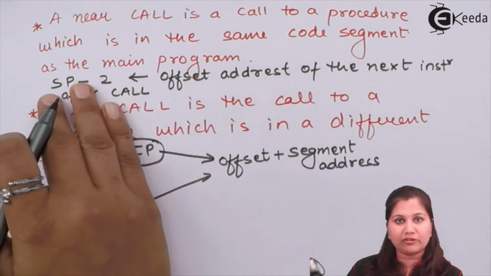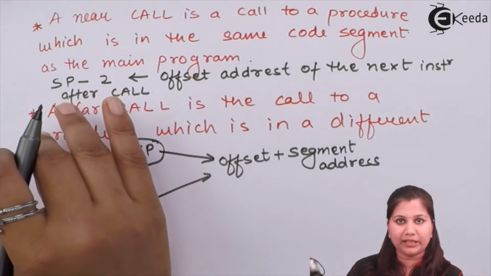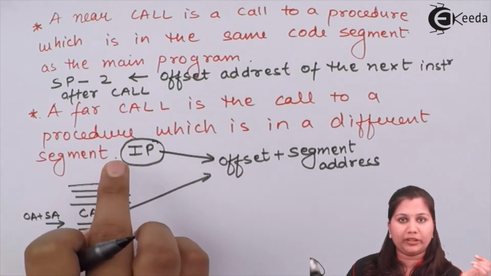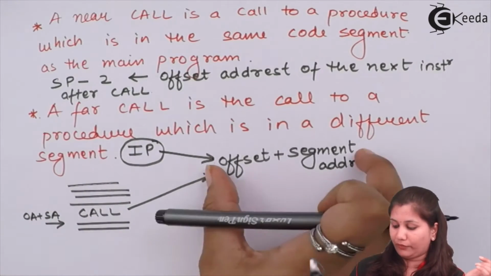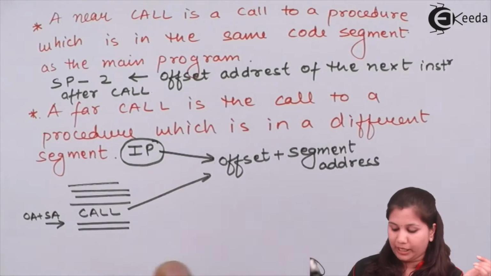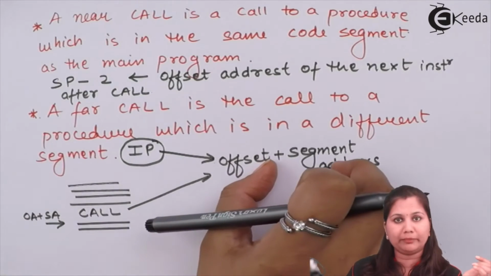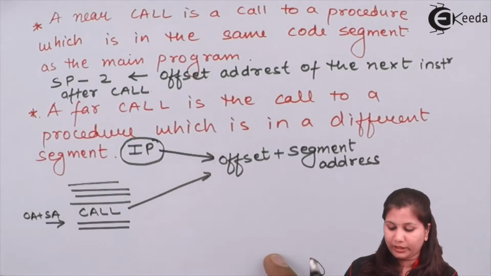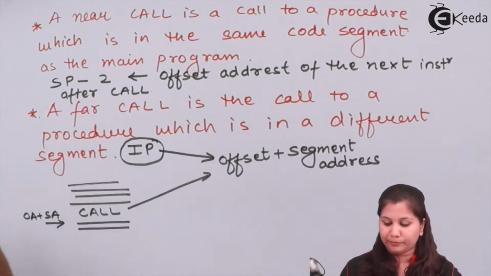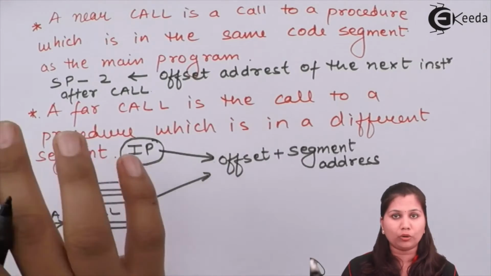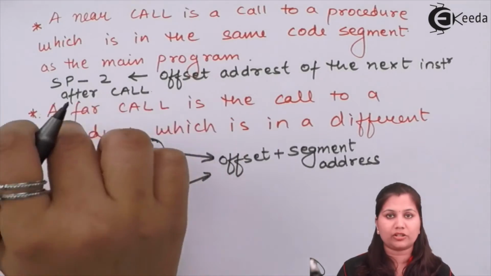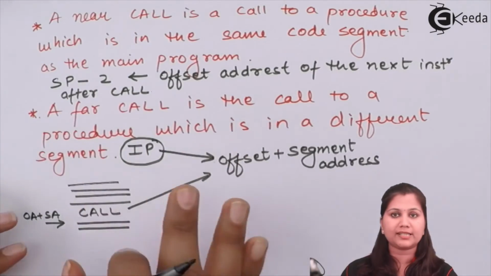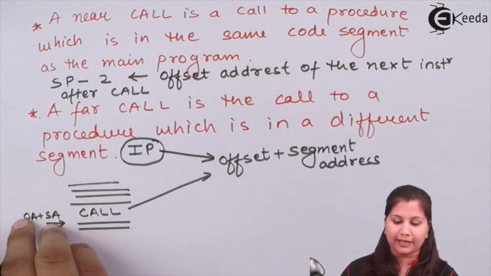First the offset address is stored, and after that the segment address is stored, and then the instruction pointer is loaded with the physical address of the subprogram, so that the microprocessor can jump to the memory location where that procedure is written. Okay, so that is the method followed whenever the call instruction is executed by the microprocessor, and how the addresses are stored in the stack.